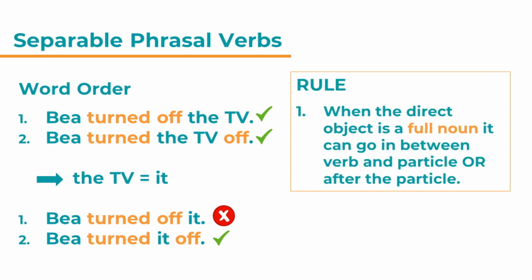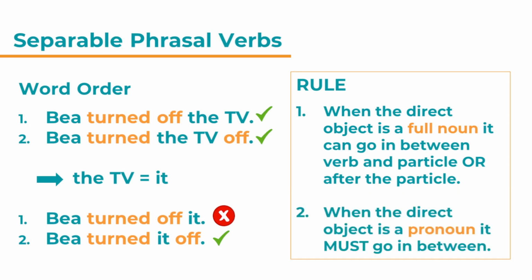Number 1, when the direct object is a full noun, it can go in between verb and particle or after the particle. But rule number 2, when the direct object is a pronoun, it must go in between.